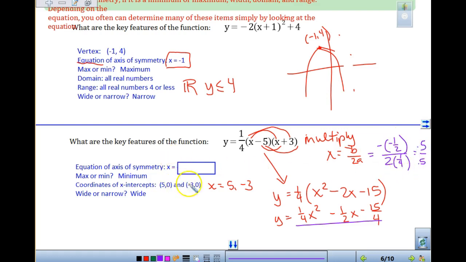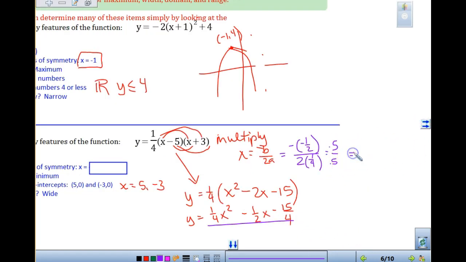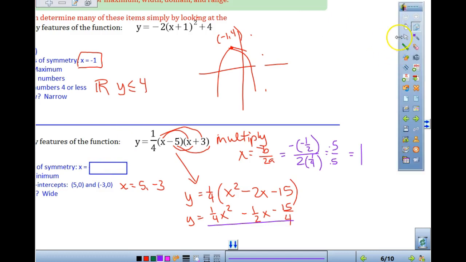So what is my axis of symmetry? Half divided by a half equals 1, and my axis of symmetry is going to be x equals 1.